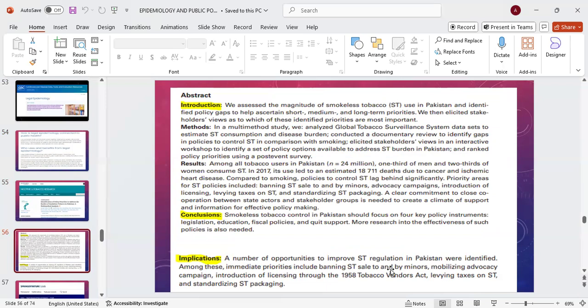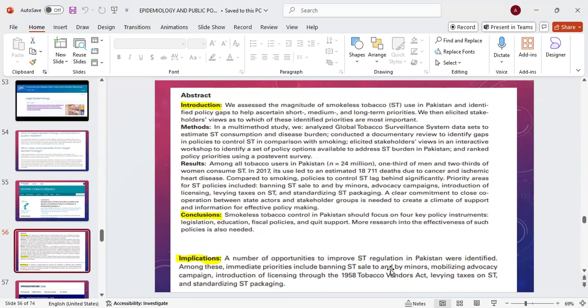Smokeless tobacco control in Pakistan should focus on four key policy instruments: legislation, education, fiscal policies, and quit support. More research into the effectiveness of such policies is also needed. Implications: a number of opportunities to improve smokeless tobacco regulation in Pakistan were identified.